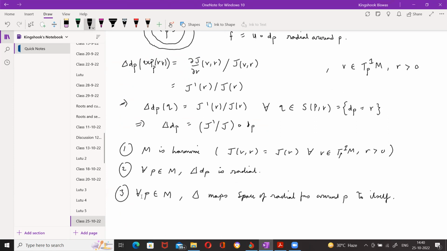Okay, so we have clearly shown that 1 implies 2, which implies 3, right?